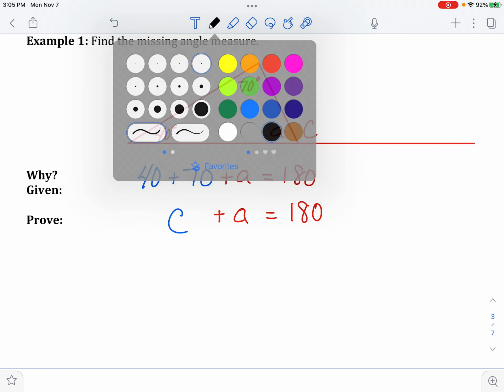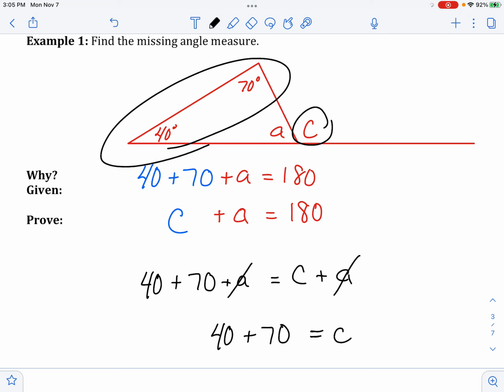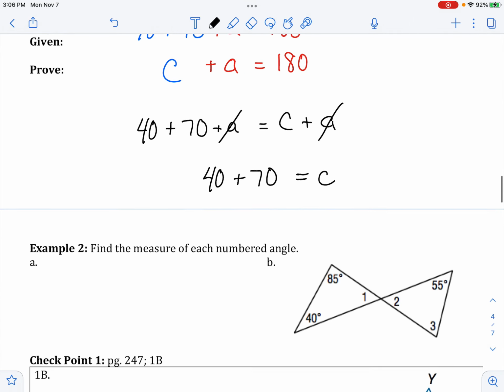So by substitution, I could say 40 plus 70 plus A equals C plus A. And then I could subtract A from both sides by the subtraction property of equality and say that 40 plus 70 would have to equal C. C would have to be the sum of the remote interior angles, and that is always true. Your exterior angle is always the same as the sum of your remote interior angles.